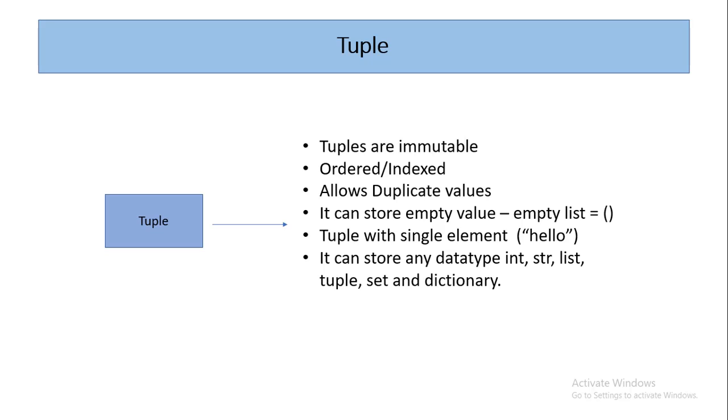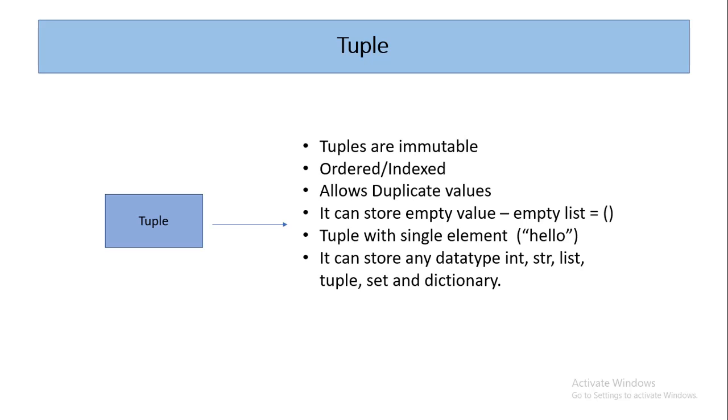So these are ordered and indexed. Tuple also allows duplicate values. It can store empty values, and to assign values in a tuple, we have to write values within simple brackets, right? But in list we were assigning values through square brackets. It can store any data type as it was happening in list, for example string, int, boolean, any kind of value, and a combination of different data types you can store in a tuple.